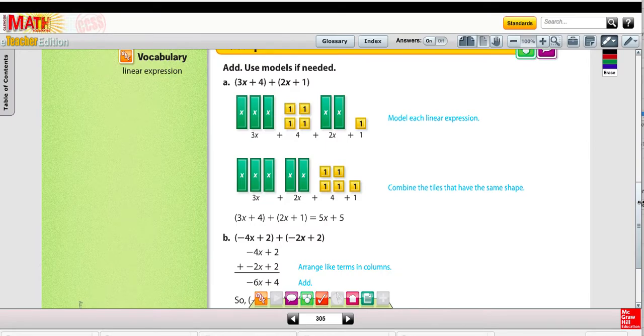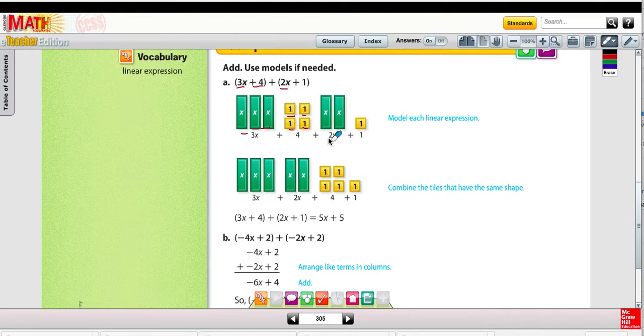And notice here on the example, it's using some algebra tiles. Don't just dismiss this as being something you don't want to try or you think it's too confusing, because it really does do a nice job of representing how you can model these problems. So 3 x's, notice there's 3 x tiles. The plus 4 are these little guys right here.